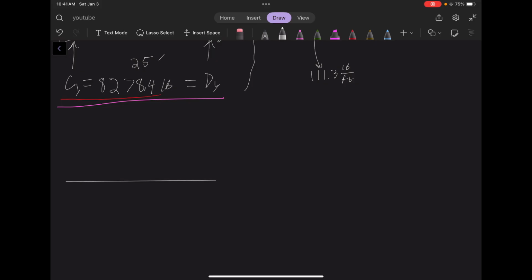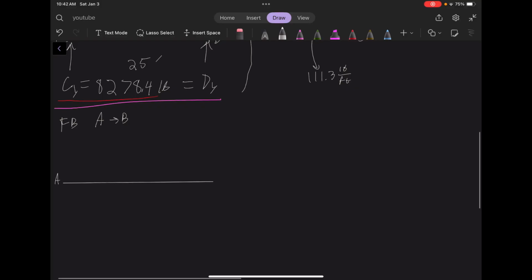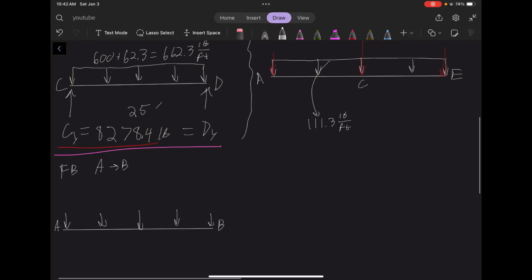Okay, so this is going to be floor beam A to B. So this is point A, this is point B. This is the distributed load going across again. And it's not going to be 600 because, like I drew before on the tributary area diagram, it's got half of the tributary area.